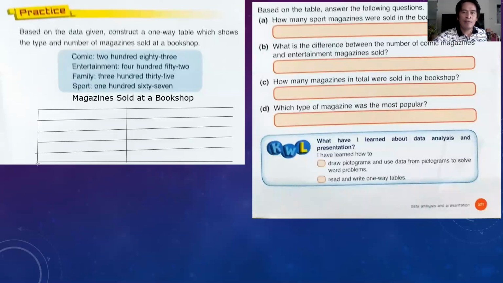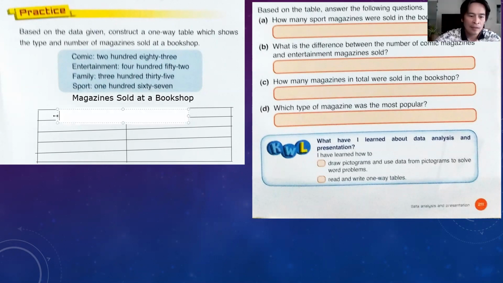Are you drawing now, Tetas? Okay. Then after that, what should be in the first blank? You have to write magazine. Magazine, correct. Very good. Not flower, magazine.